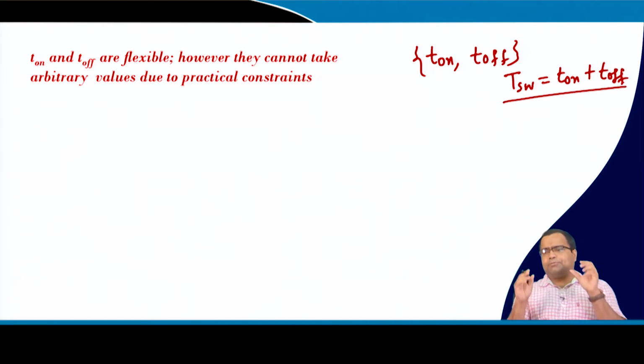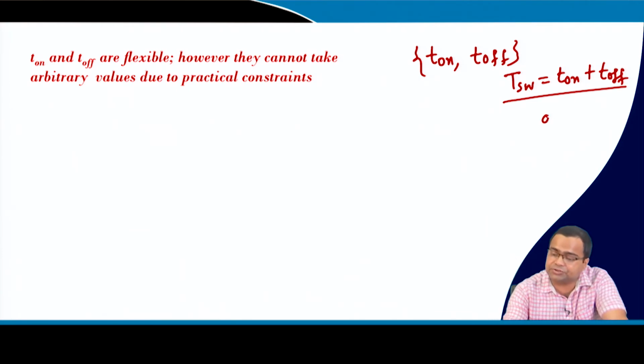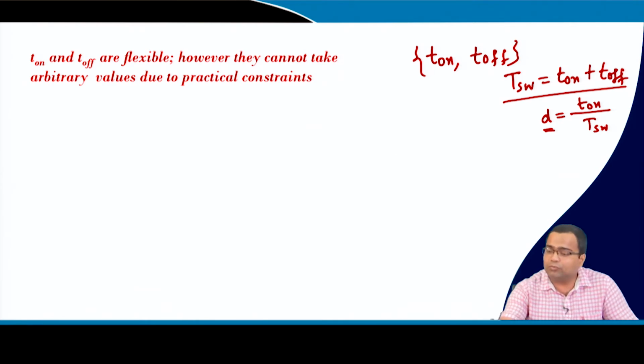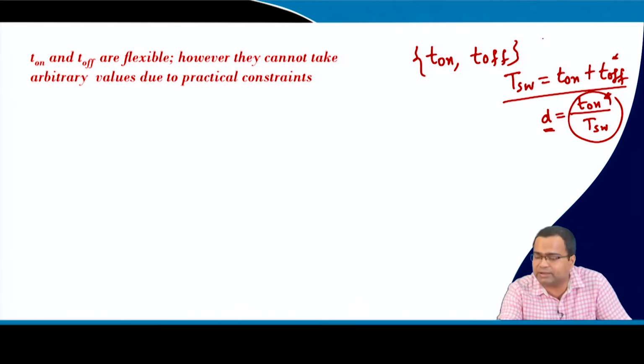So, suppose if we take the duty ratio as T on by T SW, if we want to maintain the same duty ratio, we can choose a different T on and different T off, so that the ratio of this will be the same. That means what is my D?